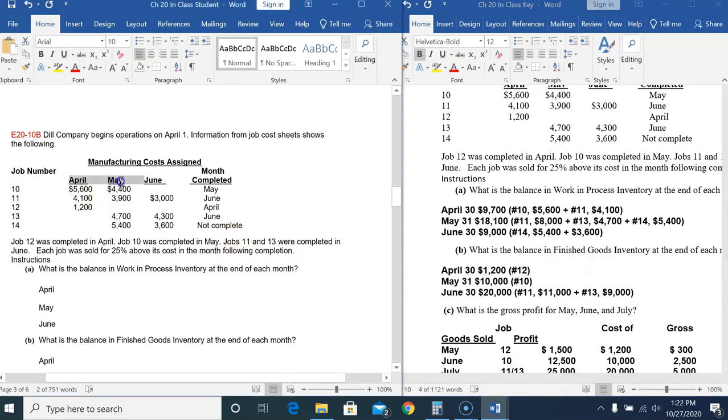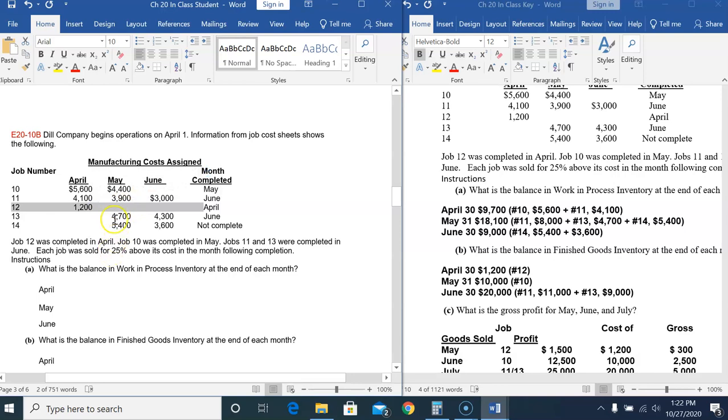At the end of May, finished goods will be comprised of jobs that were ready for sale but not sold. If each job is sold in the month following completion, that means that job 12 that was completed in April was sold in May.